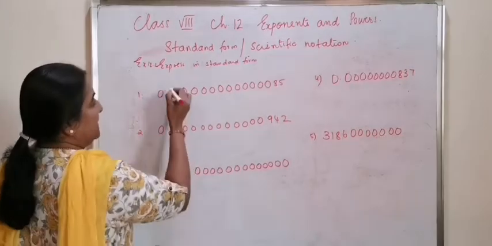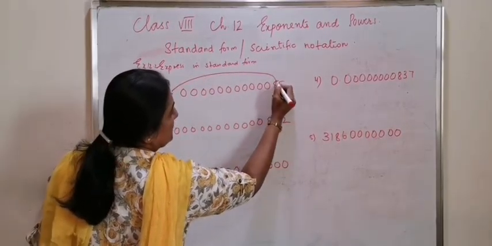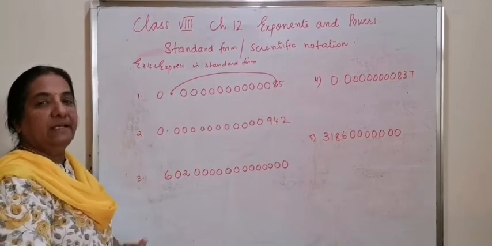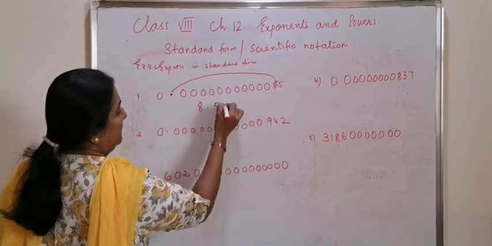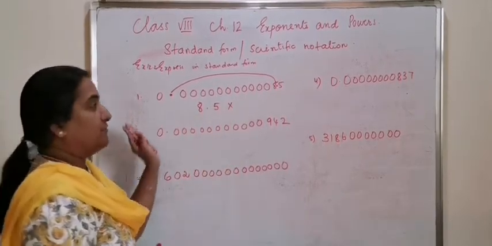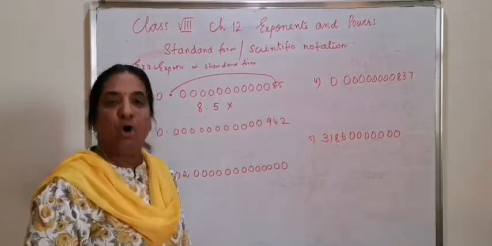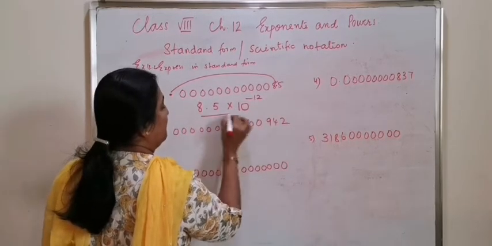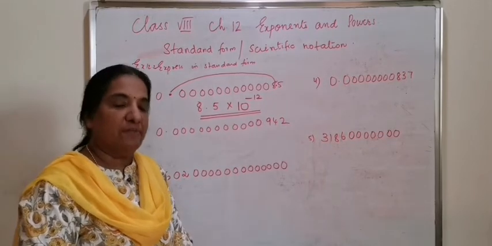That means the decimal has to get shifted 12 places, as the standard form should have one digit in the whole number part. So it is 8.5 into, we shifted 12 places to the right, and it is a very small number, which shows 10 to the power of minus 12. 8.5 into 10 to the power of minus 12.